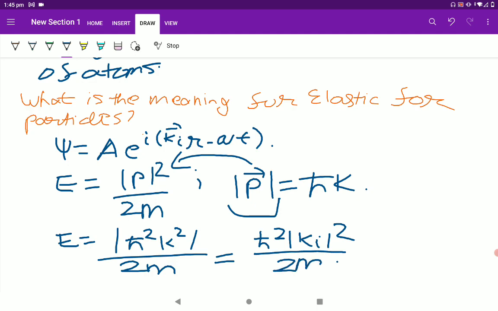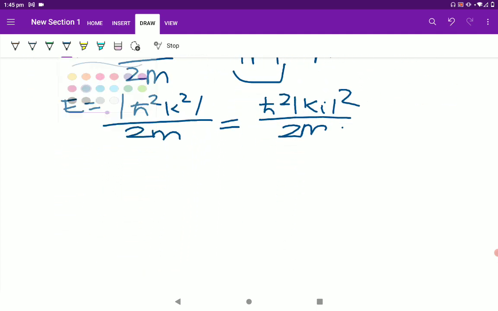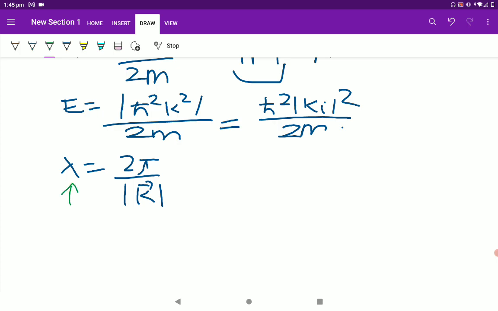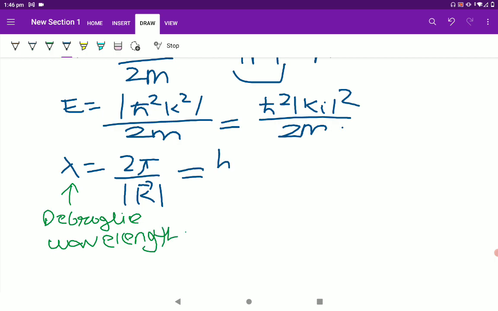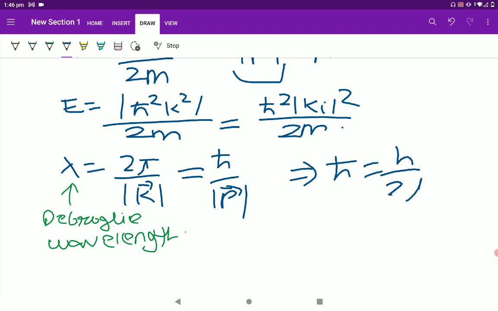The de Broglie wavelength is given by 2 pi by k, and we can also write this expression in terms of h by the momentum p, where h cross equals h by 2 pi.